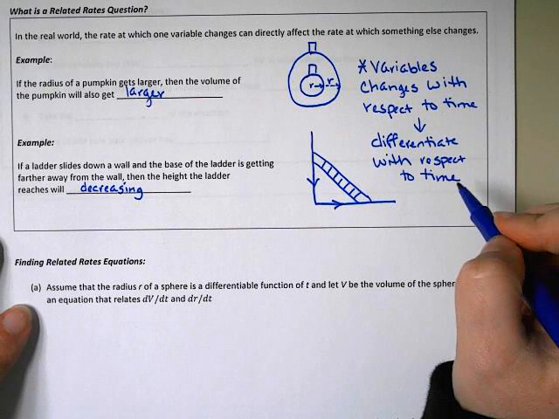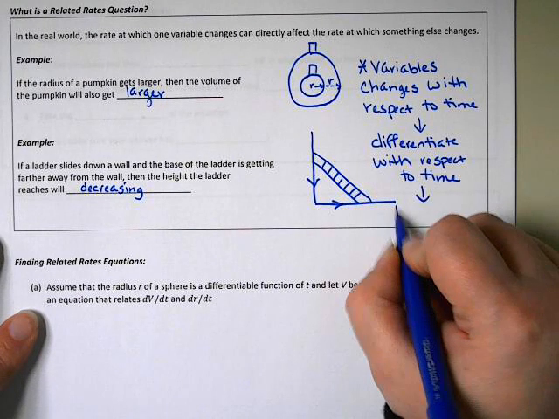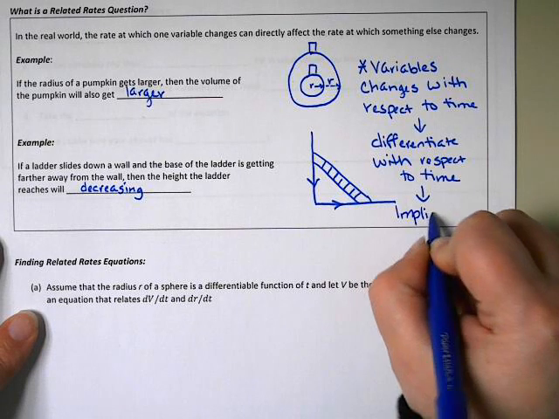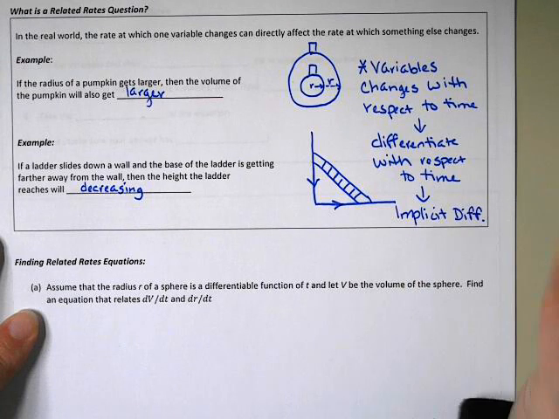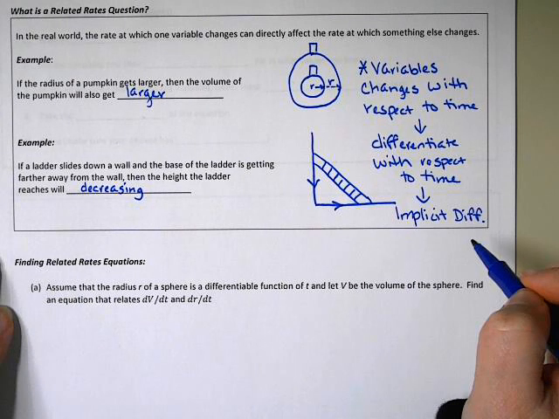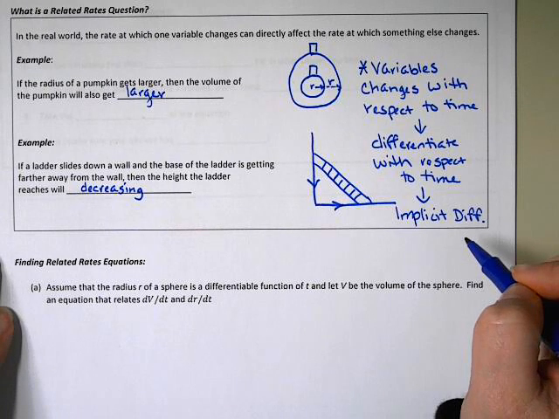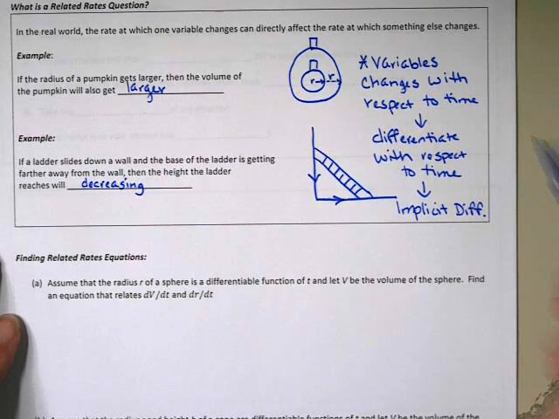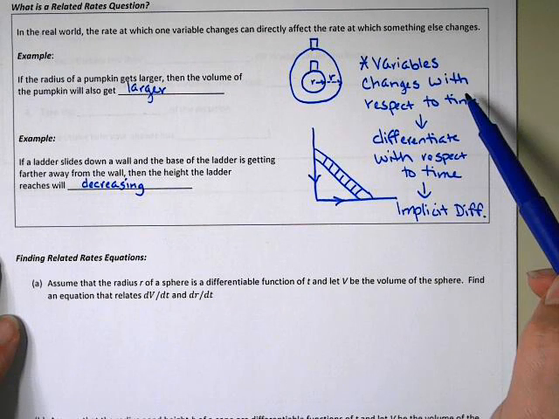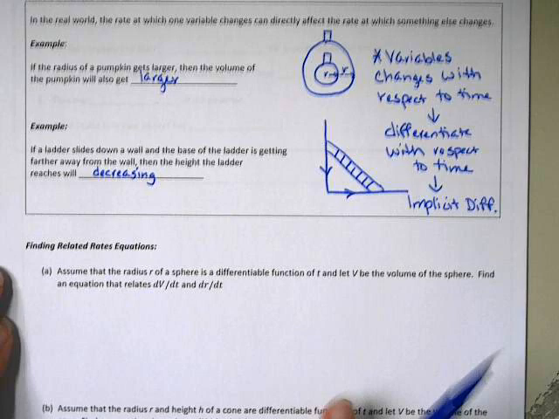Anytime we differentiate with respect to time, it means we're going to use implicit differentiation. That's why at the end of the optimization practice, you guys had some practice with implicit differentiation, because this is really going to be necessary for the related rates stuff that we're going to do. So, variables changing with respect to time, so we need to differentiate with respect to time. We're going to review implicit really fast.